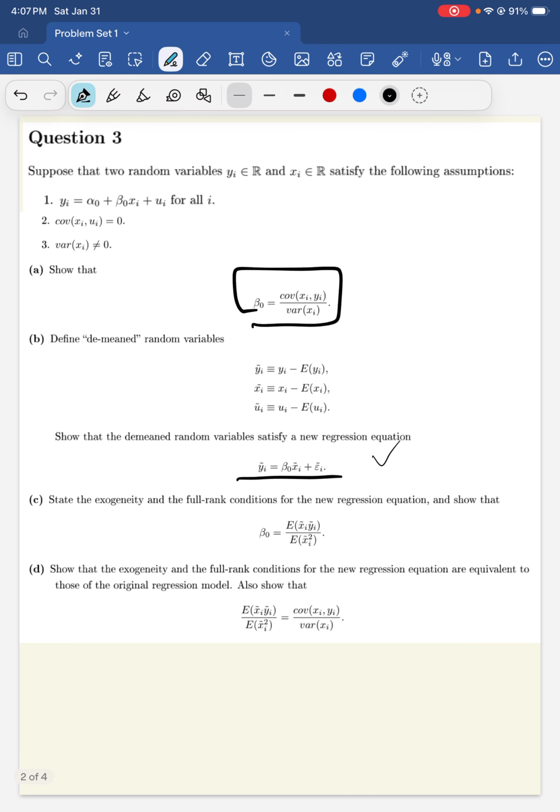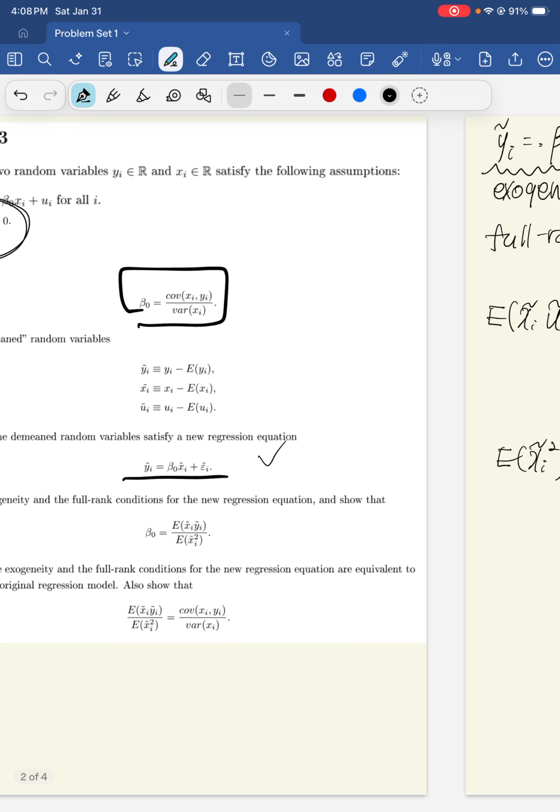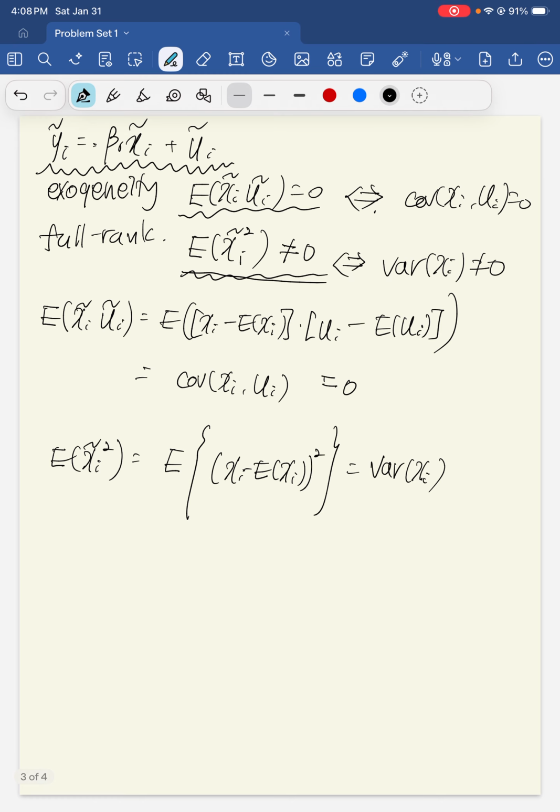So that means the two assumptions here are exactly the exogeneity and full rank assumptions for the new regression equation. Then you may claim the general theorem.